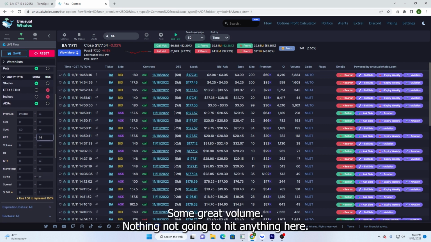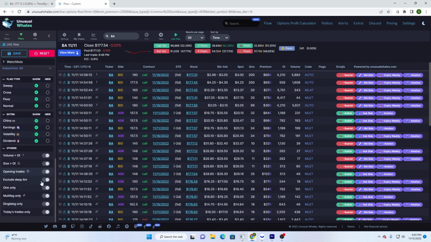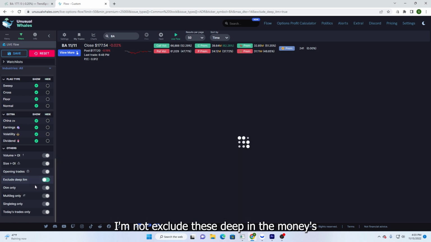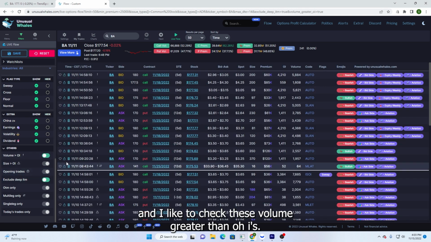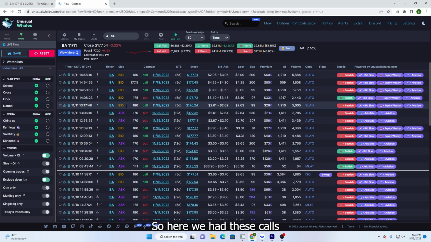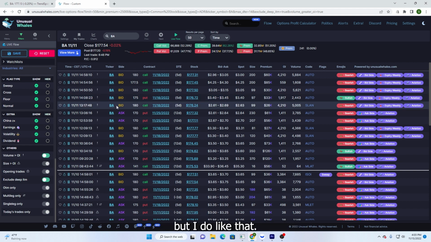Volume, nothing, you're not going to hit anything here. Here, I'm going to exclude these deep in the monies. And I like to check these volume greater than OIs. So here we have these calls that are actually bearish because we are buying on that bid side, but I do like that.